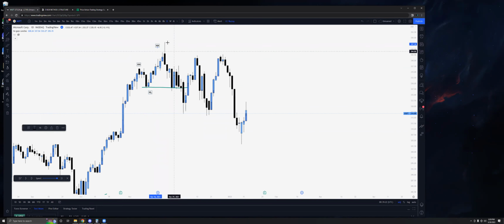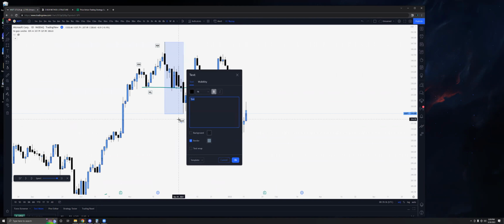But with that higher high, I don't like it. Got that strong rejection. And what happened? Lower low. Correct. That was a big rejection and it made a lower low.